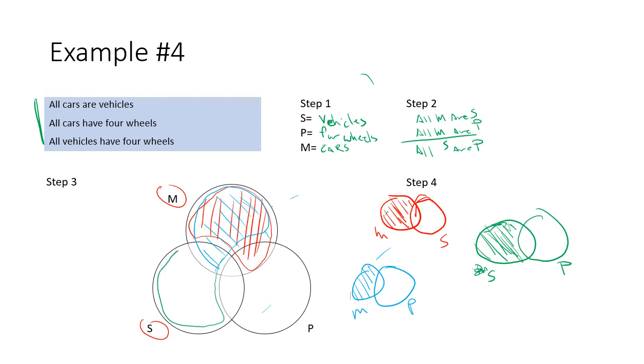This is what we would want to be shaded in, and you'll notice that some of it is right. The top part of that area is shaded in, but not the whole thing. And in order for this to work for the universals, when your conclusion is a universal, you need the entire thing shaded in, but it's not, right? So half of it has not been shaded in, so that's not the picture. So that means that the argument is invalid.